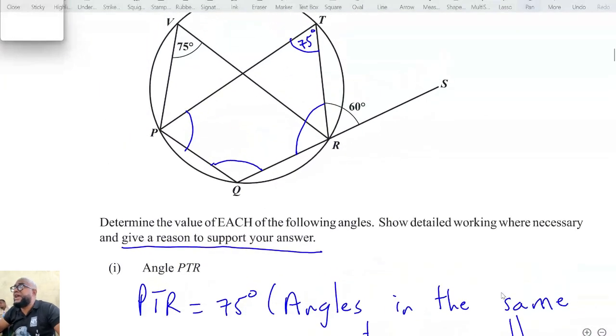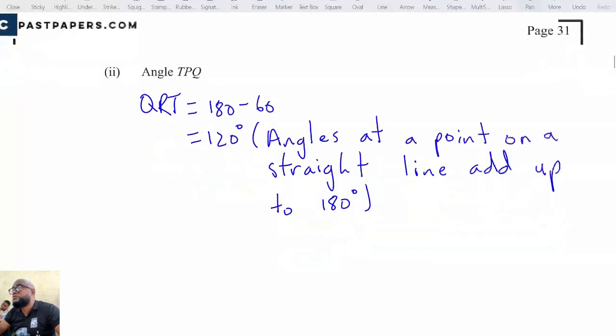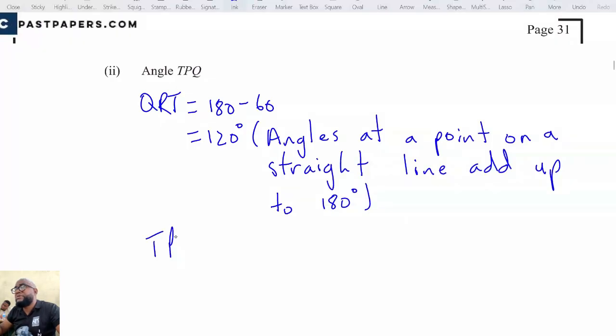Let me put it in here: 120 degrees. But are you all seeing the cyclic quadrilateral? Opposite angles in a cyclic quadrilateral add up to 180. So TPQ is equal to 180 subtract 120, which is 60 degrees.